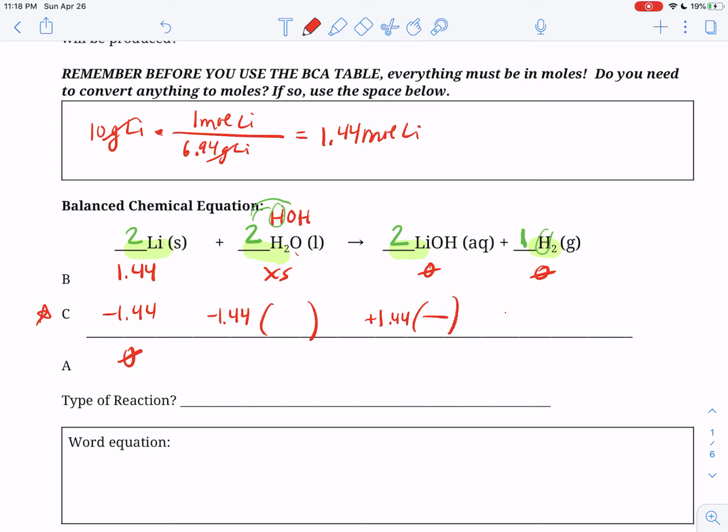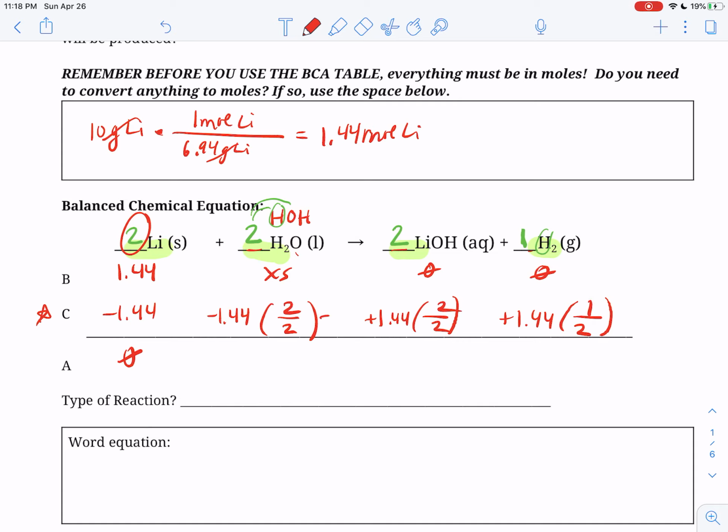Okay, so I'm going to use the base of 1.44, okay, and then I'm going to do the ratios. All right, so remember this is 1.44 moles of lithium, so I'm going to put the given on the bottom because I have 2 moles of lithium. So that's going to go on the bottom, okay? And then I'm just going to carry these coefficients down, 2 of these, and 1 of these.